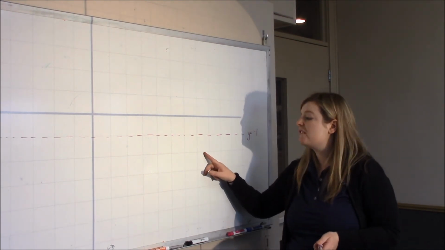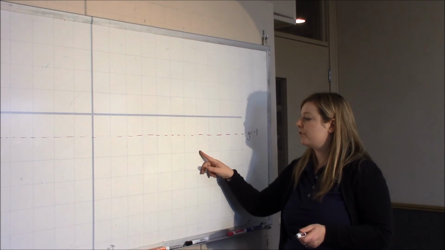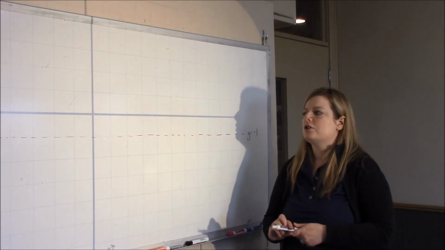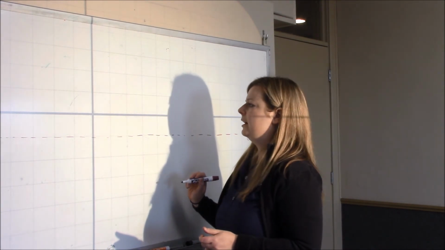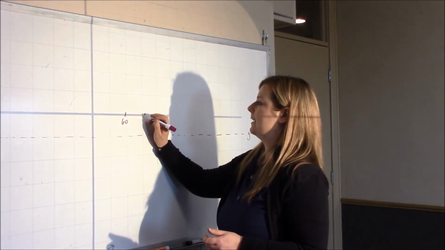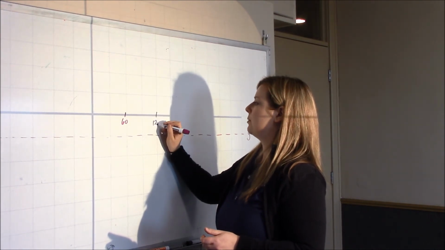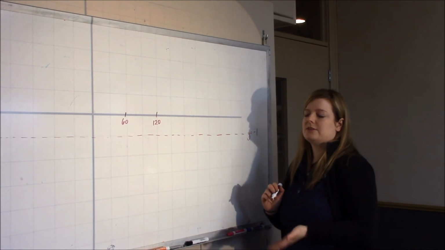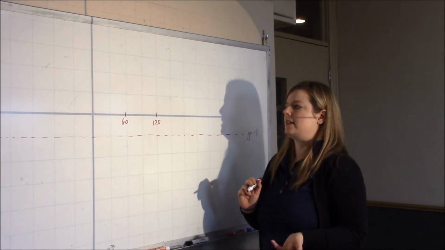It's when you have to do like 0.47 or even a third that it gets a little bit dicey, but 1.5 grid squares is fine. So I'm going to say that this is 30, so this is 60, this is 90, and this is 120. So I actually have lots of space here, so I'm going to graph 2 cycles just to show you an example of graphing 2 cycles.